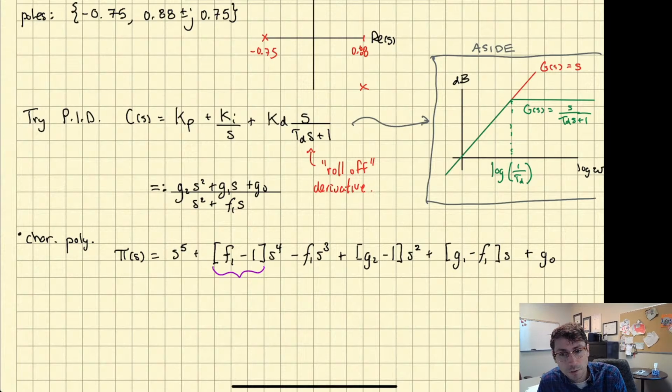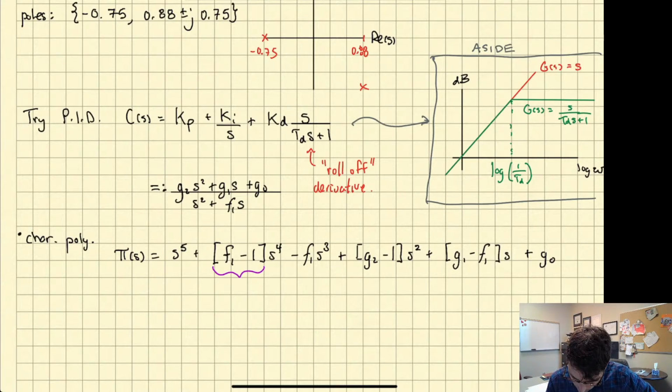What you may have seen when you were doing Routh-Hurwitz in third year is that a necessary condition for a polynomial to have all its poles or roots with negative real part is that the signs of the coefficients have to be equal, right? If the signs aren't all equal, then it's not stable. It's not Hurwitz. If they are all equal, they may or may not be. You can't conclude anything, but it's definitely necessary. At a bare minimum, the signs of all the coefficients have to be the same.